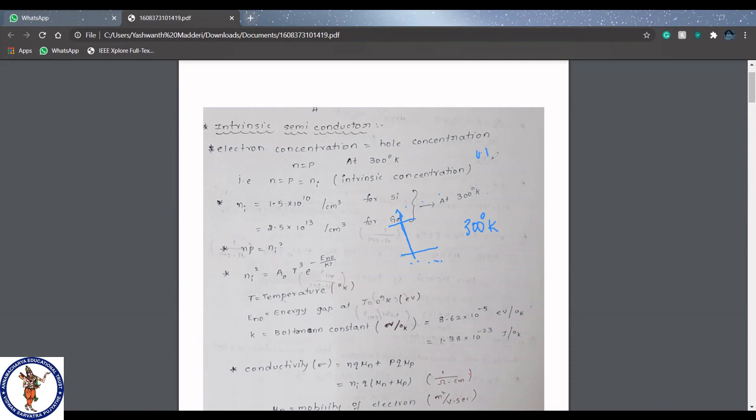We need to do something to increase the electron count, which will automatically increase the current magnitude. That means if we are getting 1 milliampere, this is not sufficient. We want something like, let's say, 1 ampere of current.